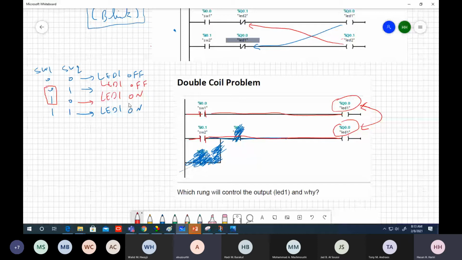No, it will be on. Okay, so then here it is on, right? Yes. So in this situation, rank 1 will win.